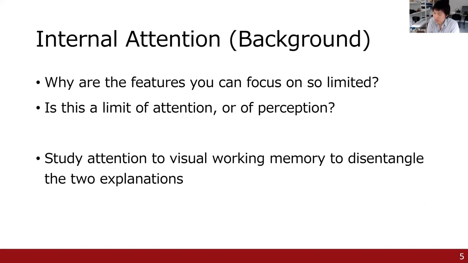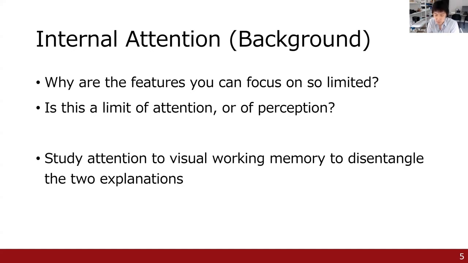So the key question I've been trying to look at is whether this limit of attention is just caused by the way attention works, or is it because in every other study that we've used to study attention, it's been paying attention to things we are looking at the moment?